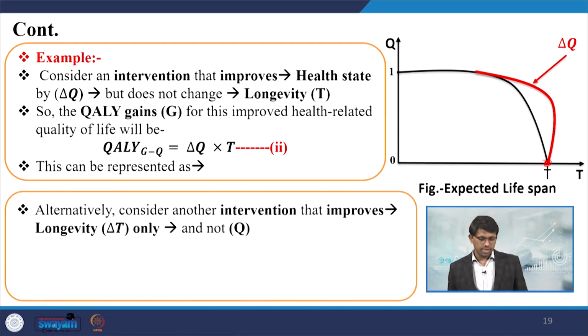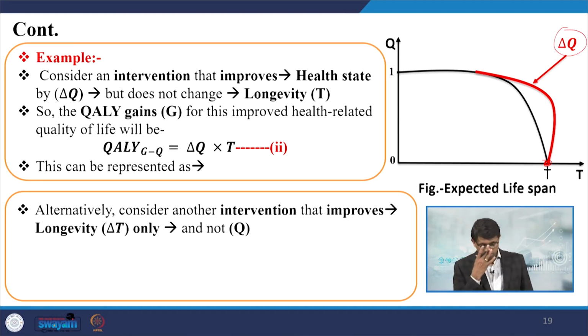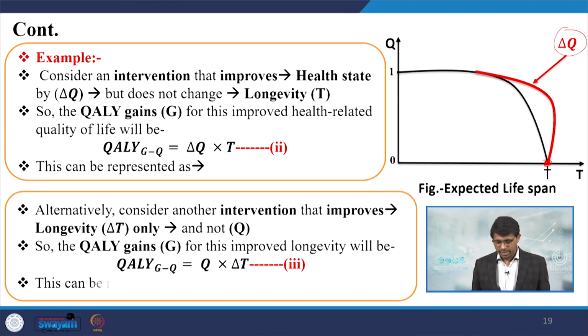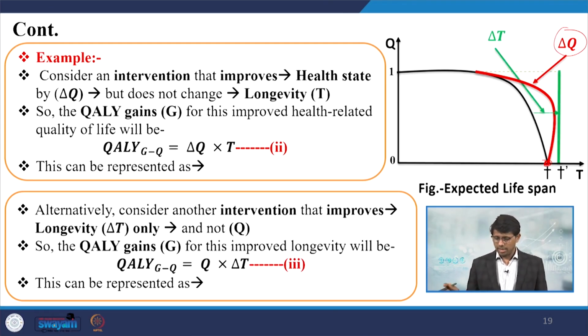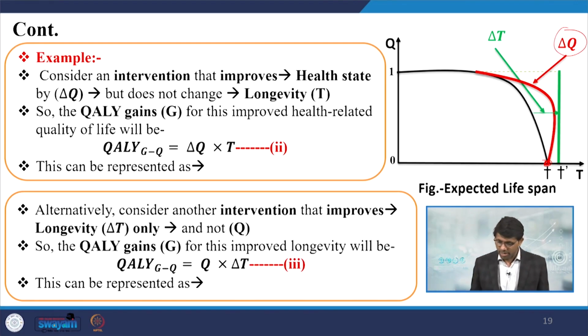This is what is mentioned as delta Q. Alternatively, we have a possibility of improvement in longevity through a change in the time in terms of lifetime. In that case it will be delta T. Hence, there will be a paradigm shift in terms of the lifespan, and we might find better possibilities, corroborated by the change in T.